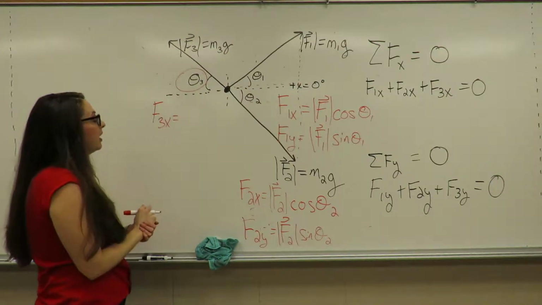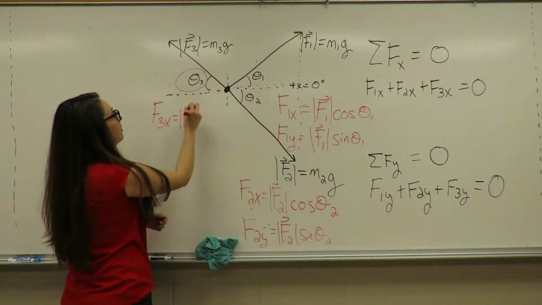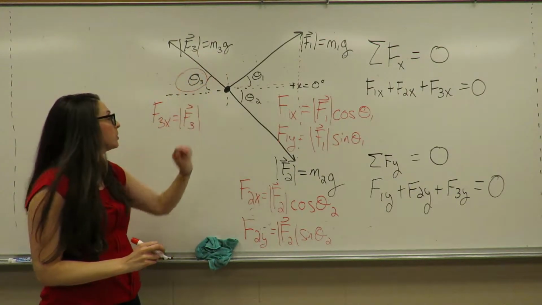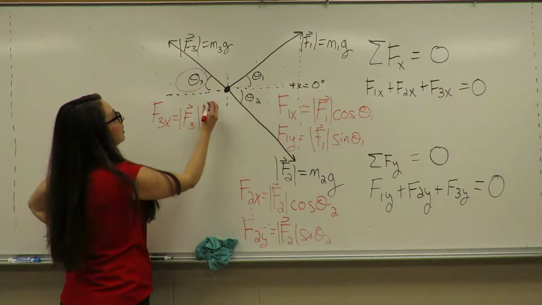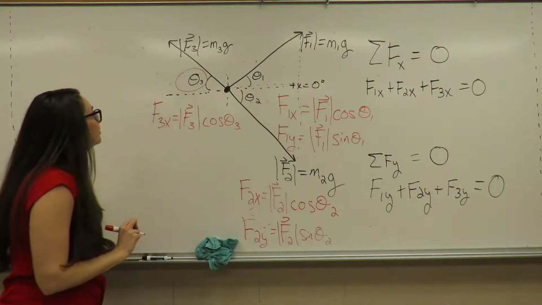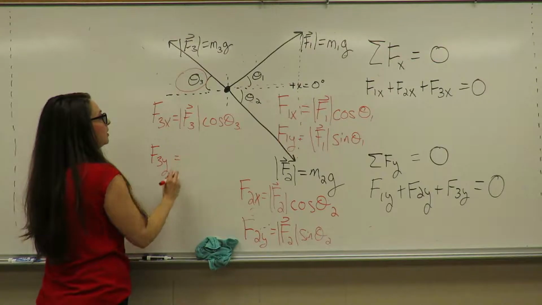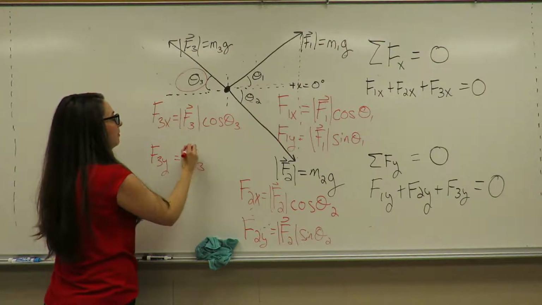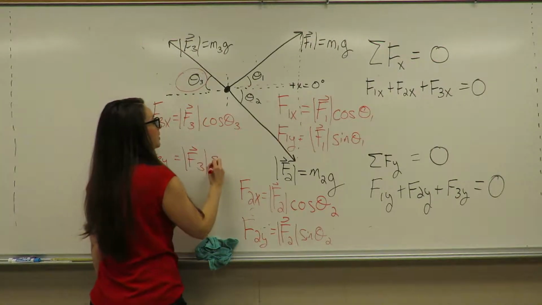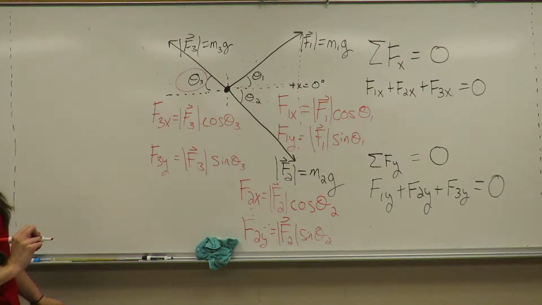F3x is going to equal the magnitude of F3, which is the third mass times gravity, times still cosine theta 3. And the magnitude of F3y is still going to be the magnitude of F3 times sine theta 3. Okay? So I'm just making sure that I've labeled all of these correctly now.